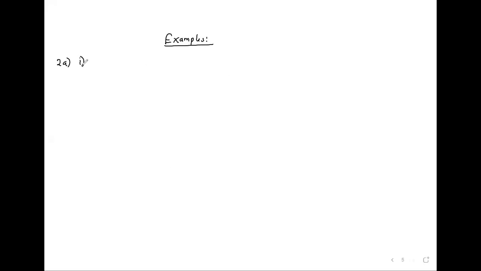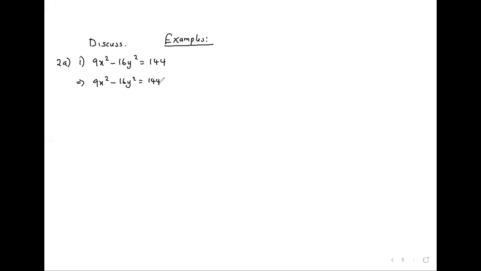So the first one is 9x squared minus 16y squared is equal to 144. So we just discuss. First thing, you say, okay, if I'm given this equation, the standard one has a 1 on the right.